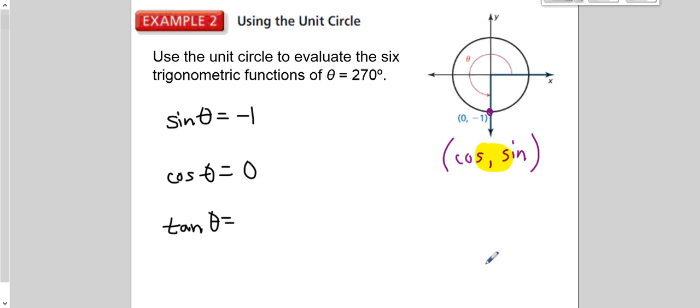Do you remember what tangent is? Tangent is sine divided by cosine. We just found the sine and the cosine, so it's negative 1 over 0. But we can't divide by 0, so that's undefined.